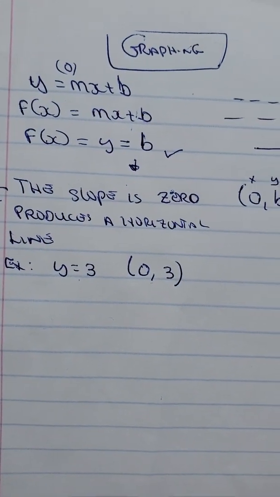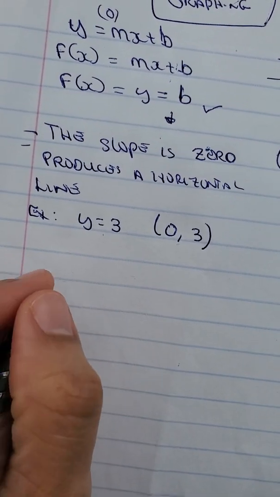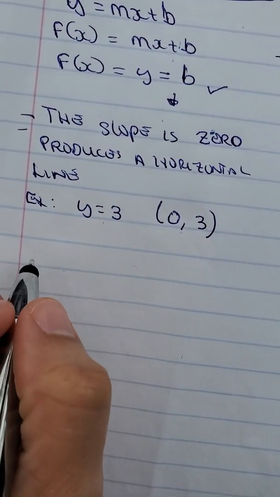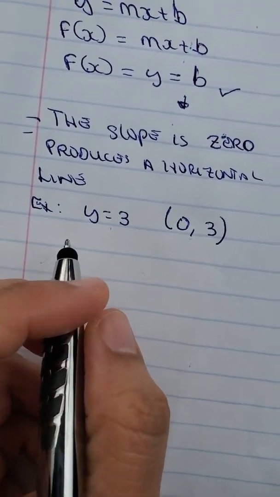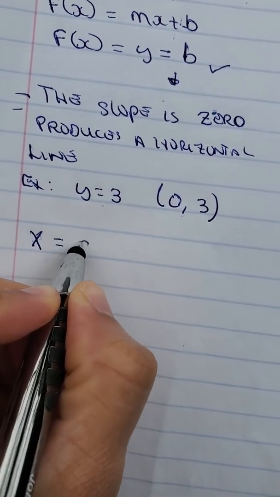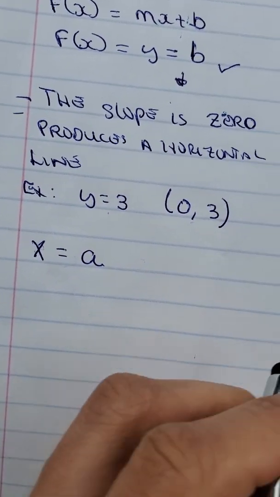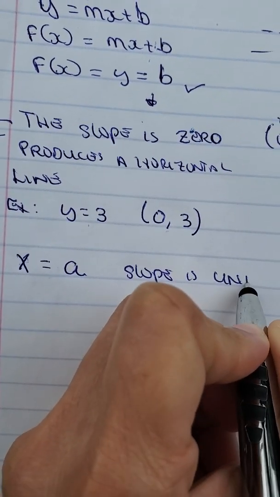So what does this look like when you have to graph x equaling a constant? So in this case, there's not even a line, there's not even an f of x. It's just saying good old x is equal to some type of constant. In this case, it's saying the slope is undefined.